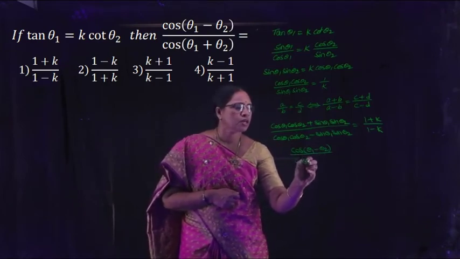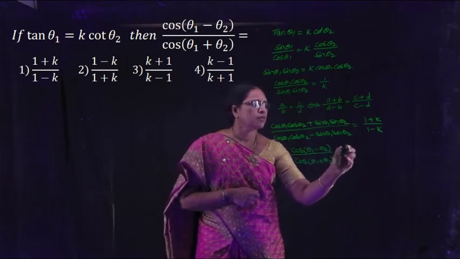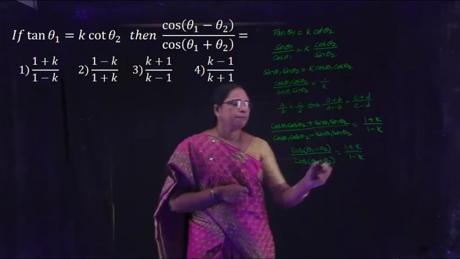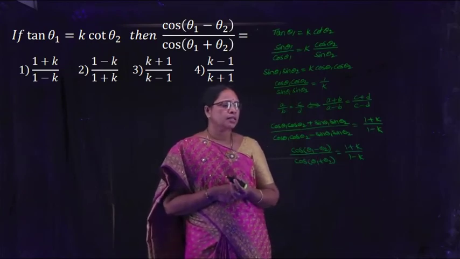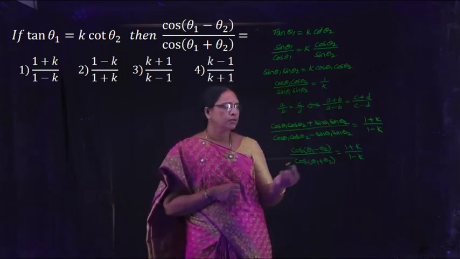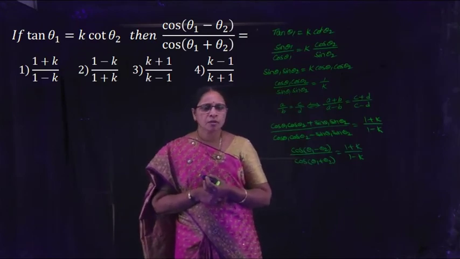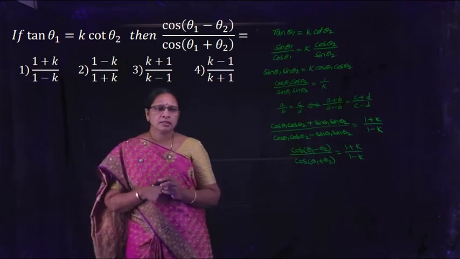So cos(theta 1 minus theta 2) by cos(theta 1 plus theta 2) is equal to 1 plus k by 1 minus k. Here the first option, 1 plus k by 1 minus k, is the correct answer.